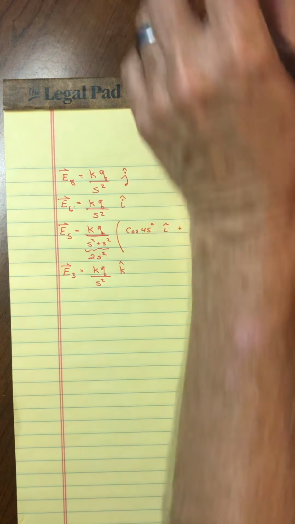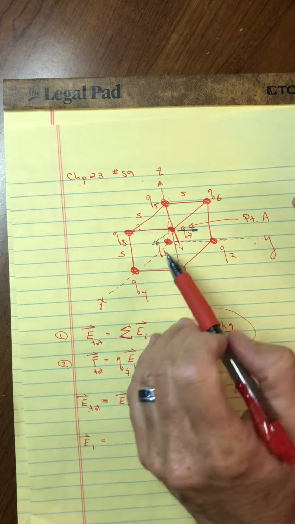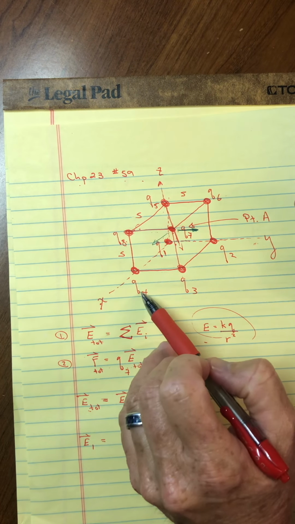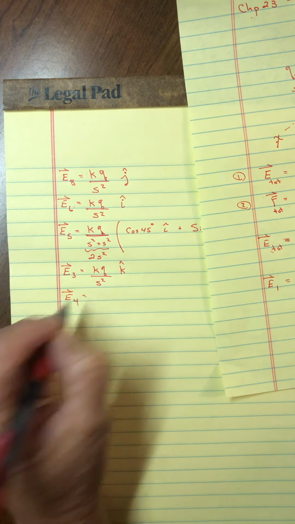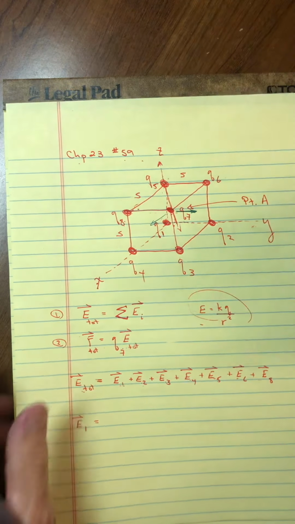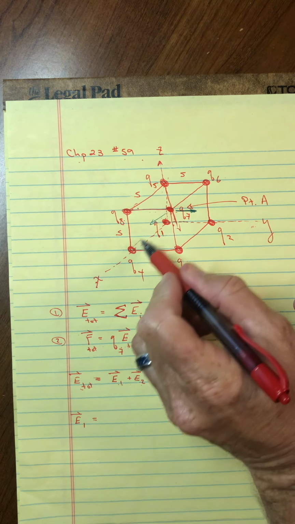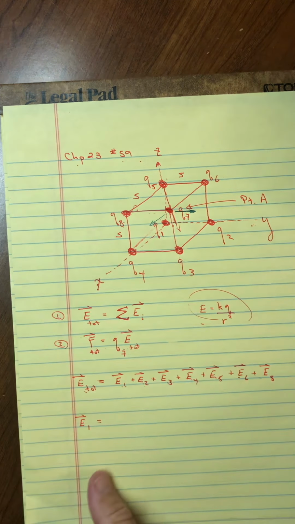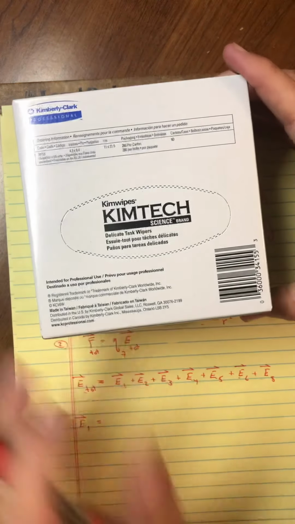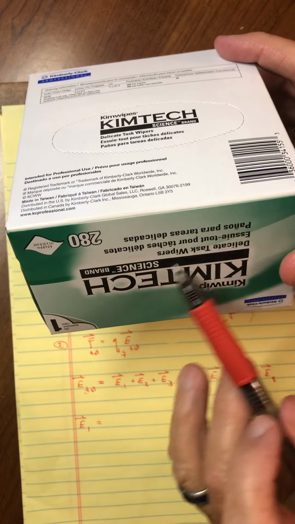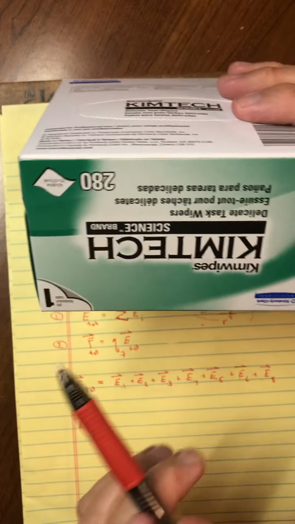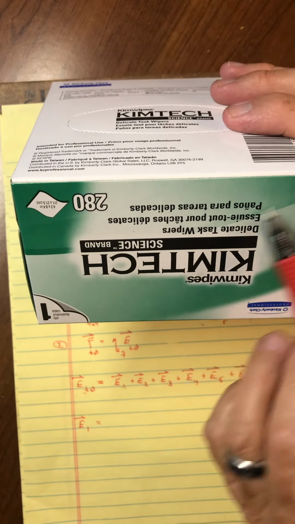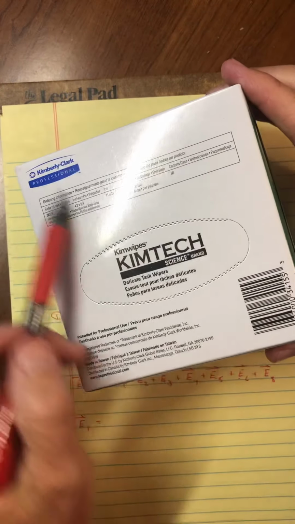Continuing on, maybe coming back to the picture, we'll look at the field from this one right here, number 4. So E4. Its distance away would be along this diagonal, right across that diagonal. I know my box isn't a cube here, but you have to imagine this being a cube. So that would be along the diagonal. It would be the same length as this one.